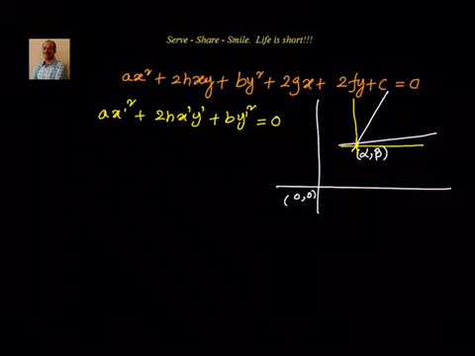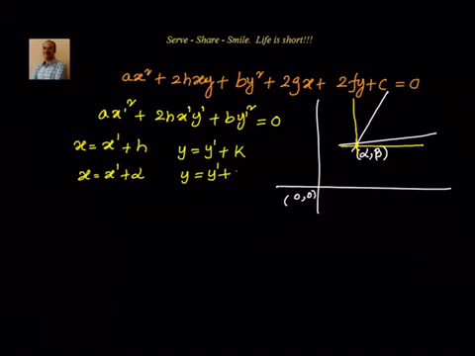We know, as part of translation, that x = x' + h and y = y' + k. Here h is alpha and k is beta. So can I write x = x' + alpha, y = y' + beta. Now I substitute x and y values in the given pair of straight lines.